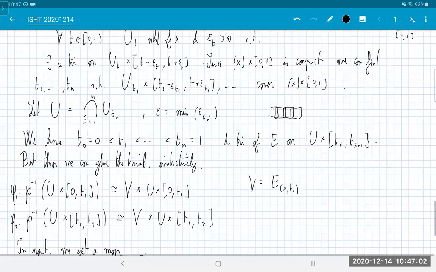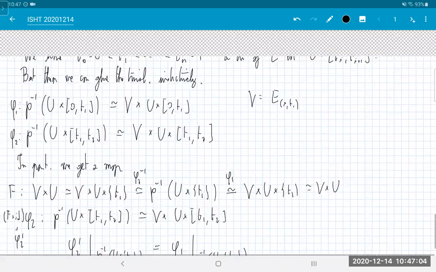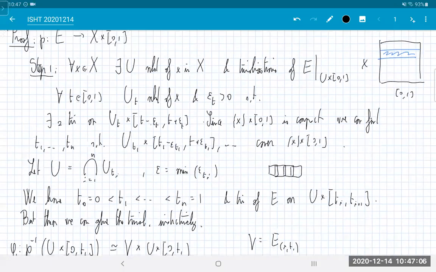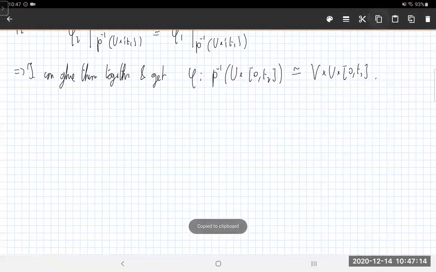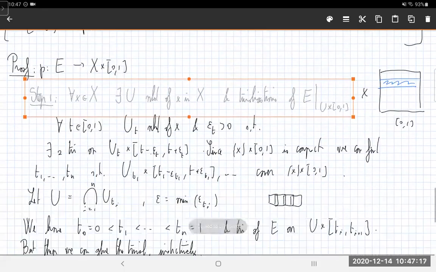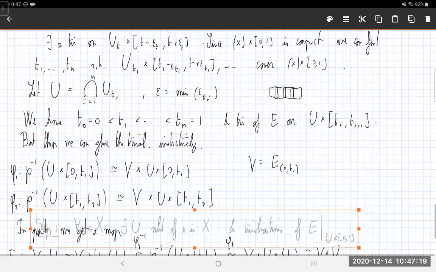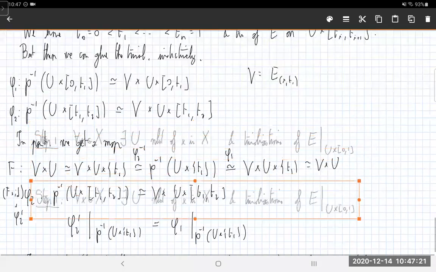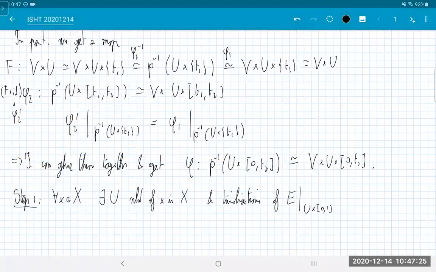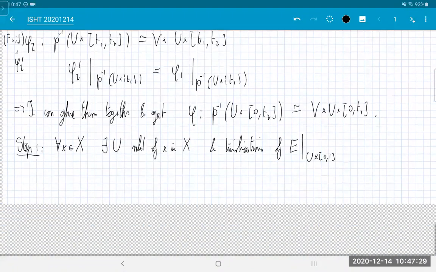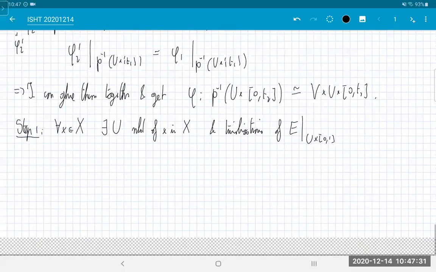To boil down, we have this step one. We have this fat trivialization.